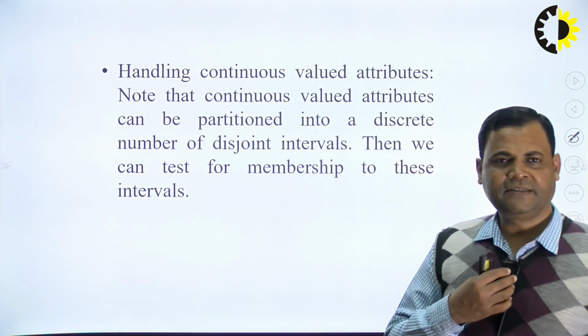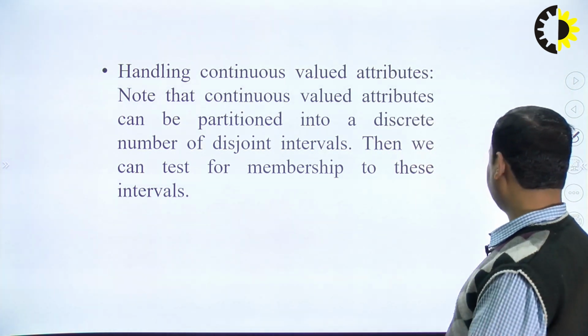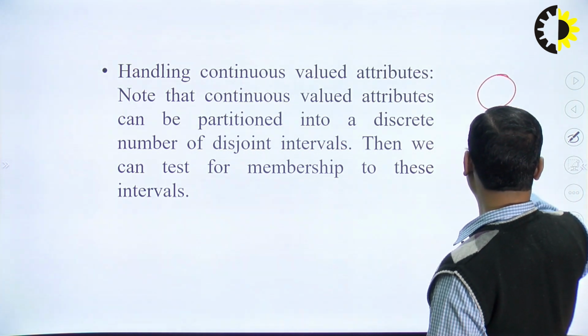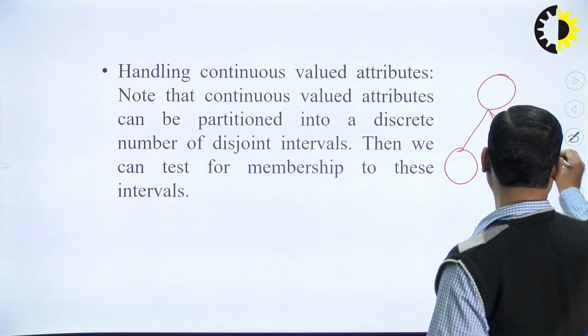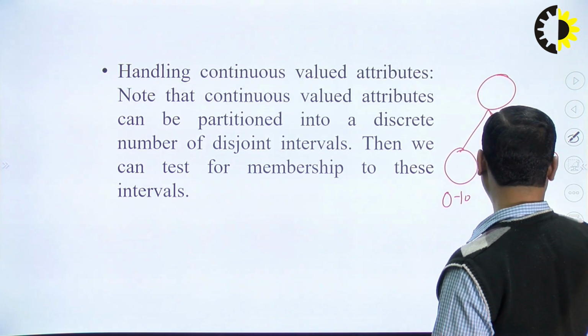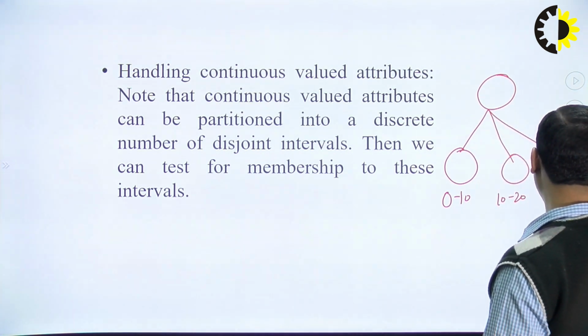In the creation of a decision tree, we will classify the different value nodes according to their interval value. So this node has been created for the interval 0 to 10, this one for 10 to 20, and this one for 20 to 30.